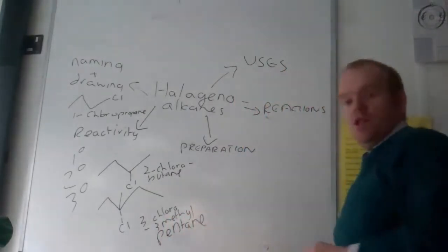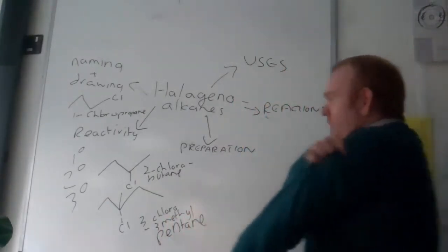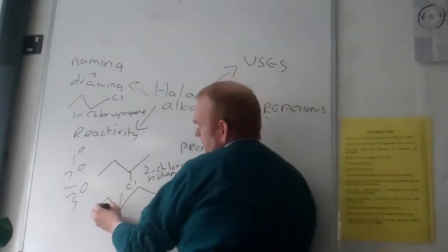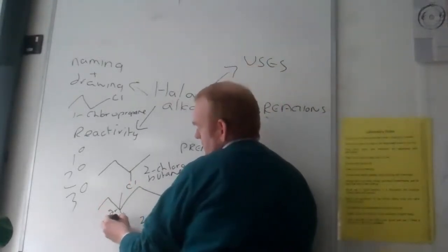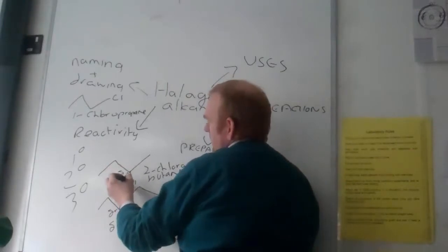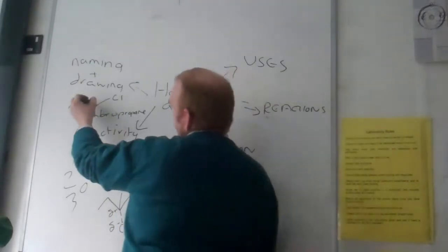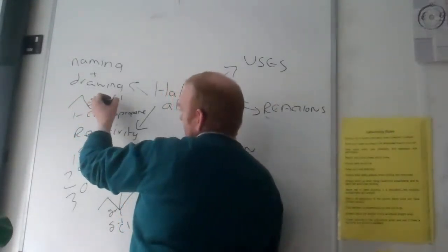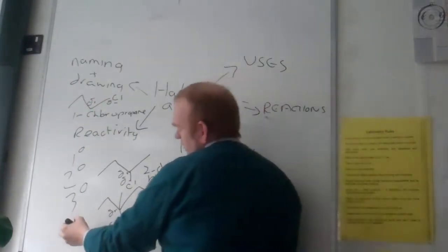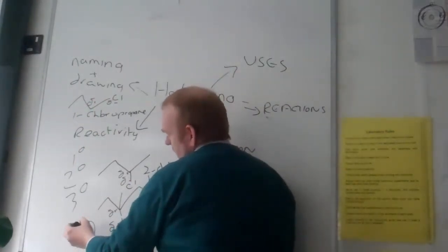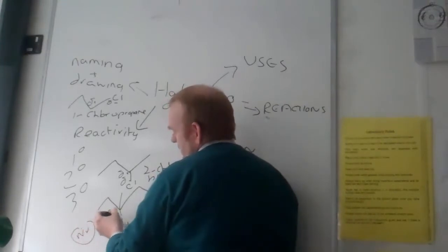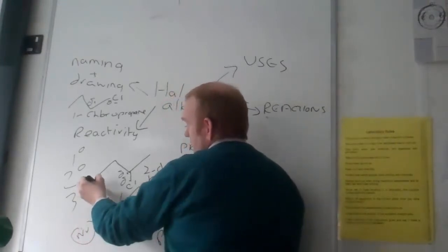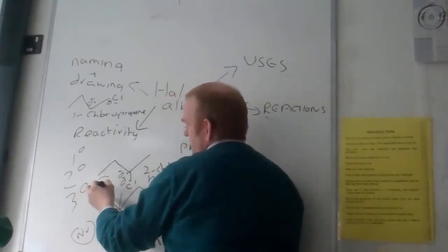Okay, we can look at the reactivity. Obviously, we've got a delta plus and a delta minus in each of these cases. So that's going to be susceptible to some attack by a nucleophile. Obviously, due to steric hindrance, the nucleophile is going to be less able to attack there. Okay, it's going to be slightly able to attack there because there's less steric hindrance.